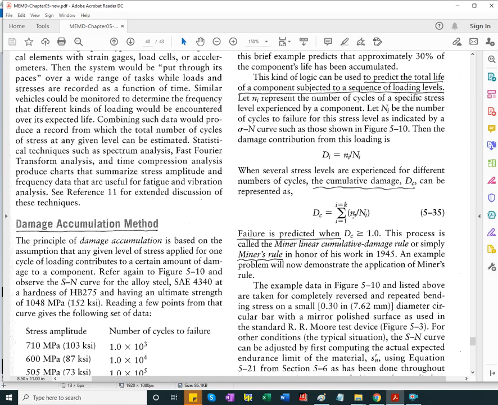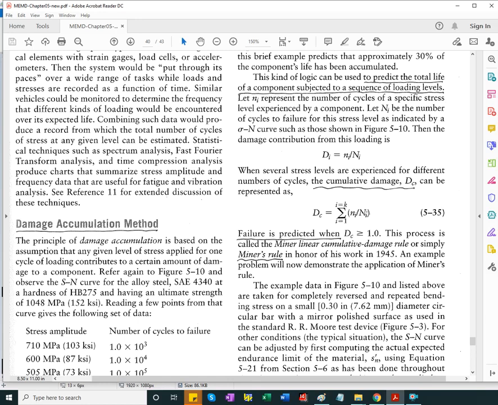What you need to calculate is the number of cycles to failure for the given load level, and of course, knowing what level of loading the component can experience.